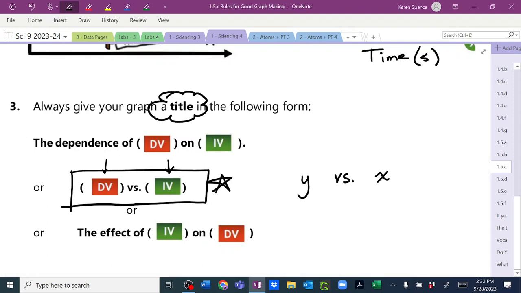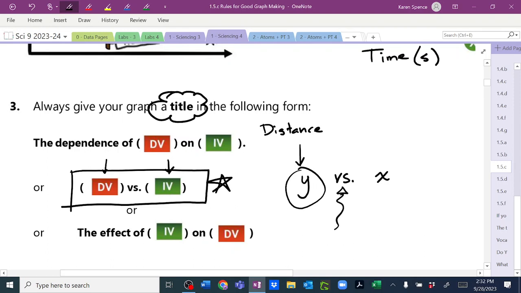But do you think I'm just going to write y? No, what would I write instead of y for this graph? I would write distance. And do you know what word VS stands for? VS stands for versus. Okay. So we have distance versus time.